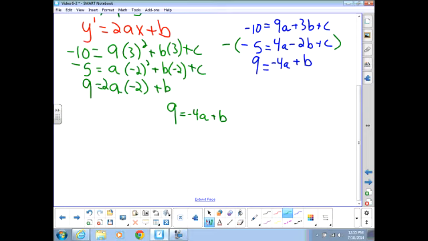When we do that, -10 minus a -5, that'll give you a -5. 9a minus 4a will give you 5a. And 3b minus a -2b. So minus a -2 will become a +2, so we'll get 5b.